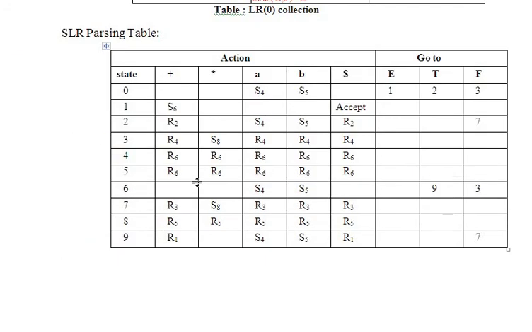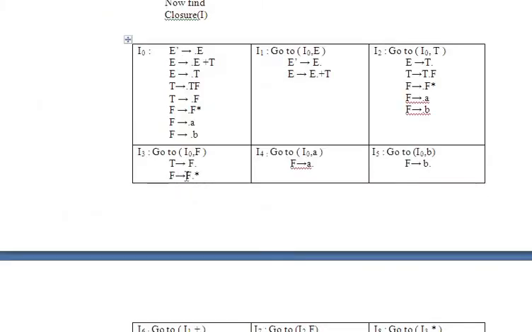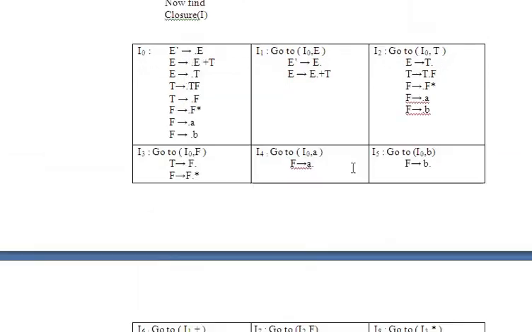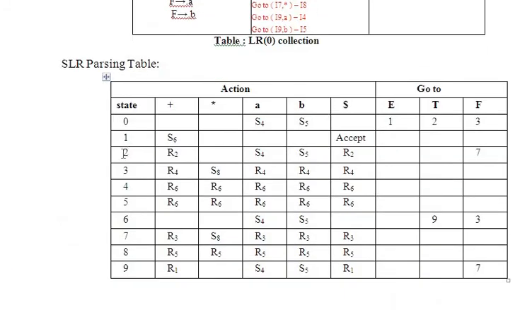So give R2. For reduce entries, you have to check complete productions. First, the complete production is E dash gives E dot, which is your augmented grammar. So in the dollar column we can write accept. Next complete production is E gives T dot. This is state I2, so in the second row you have to write the reduce entry.